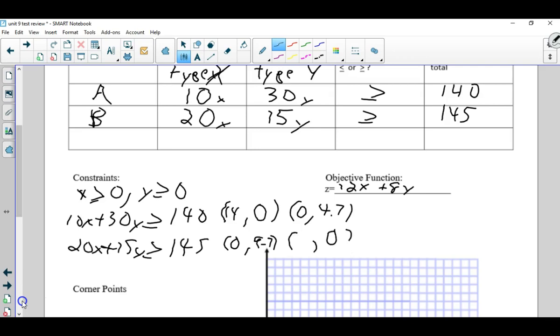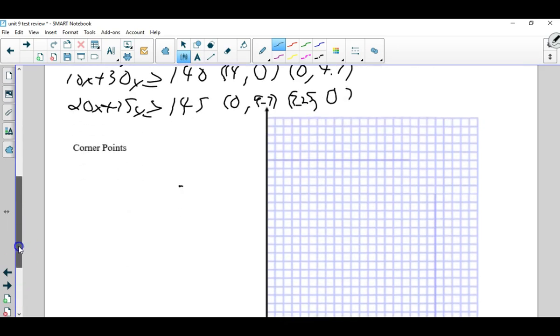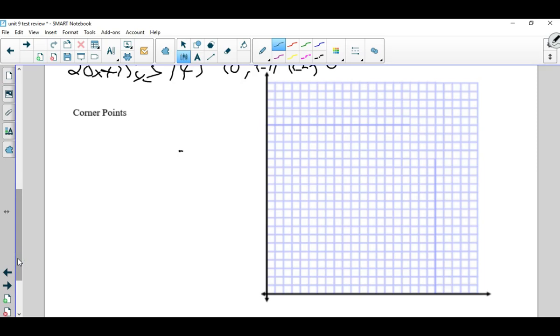I put a 0 in for y, and do 145 divided by 20, I get 7.25. So 7 1/4. So this is not going to be a very pretty one either. I promise the ones on the test will be nicer. So 0, 4.7 and 0, 9.7.